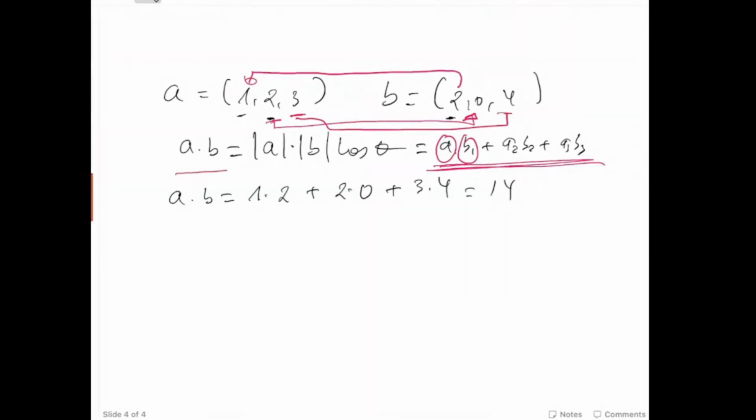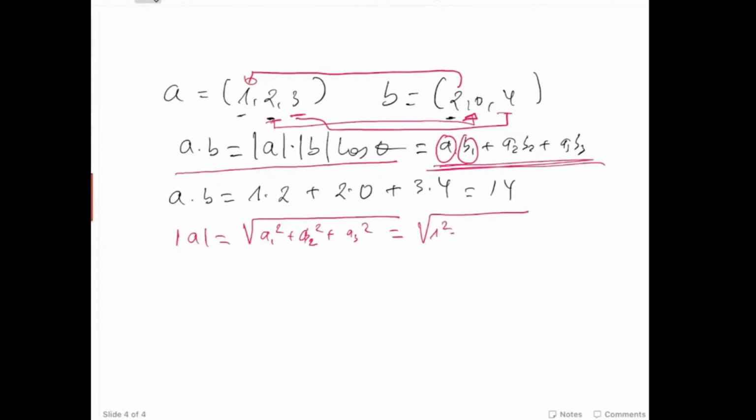And using this relation here, we also need to know the value of the modulus of A, and this is given as the square root of A1 squared plus A2 squared plus A3 squared. In this case, what we have is 1 squared plus 2 squared plus 3 squared.